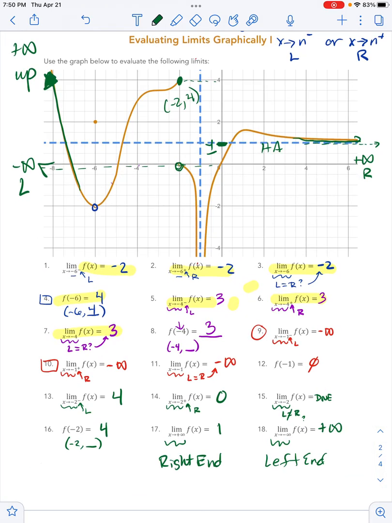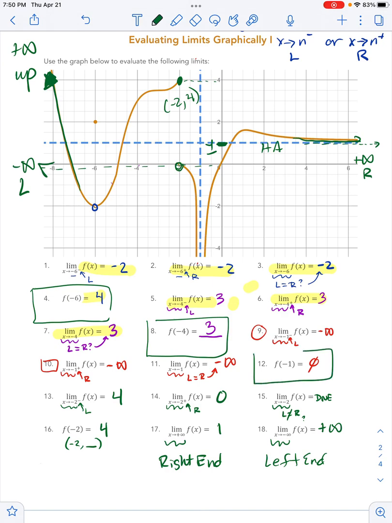So all throughout here, we're just trying to see what things get close to, unless it's a question like this, where it straight up says, what's the function's value at -6? Here, what's the function's actual value when x is -4?